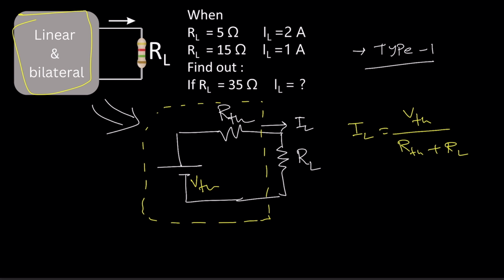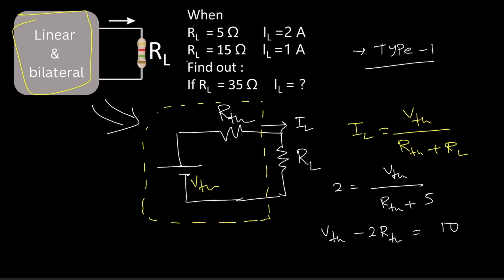Now they told you that if the value of load resistance is 5 ohm, then IL is 2 ampere. So for this one, we can write 2 equals VTH divided by RTH plus 5 ohm. From here we can write VTH minus 2 RTH equals 10.